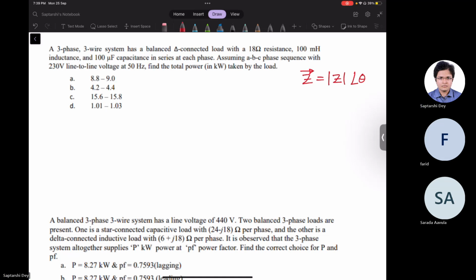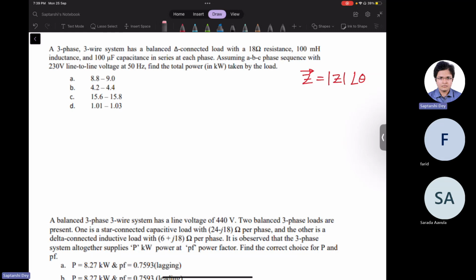The sign is also considered. If one of them is at an angle of minus 25 degrees, all of them should be at minus 25 degrees. An angle of plus 25 will not make a balanced load.